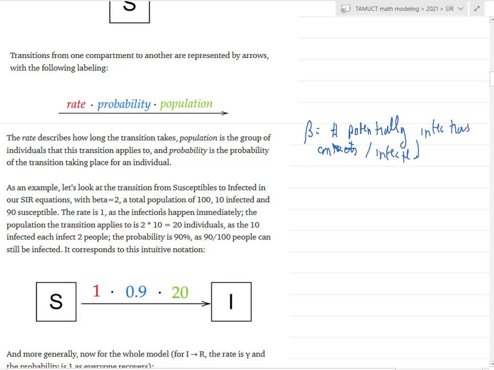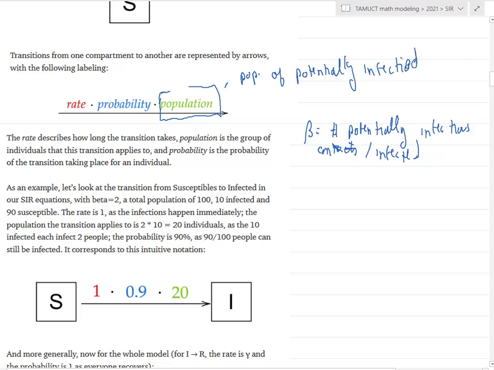So here we have a total population of 100, and there are 10 infected and 90 susceptible. So here when he says population, he says the transition applies to 20 individuals. And when he says population here, this is the population of potentially infected.